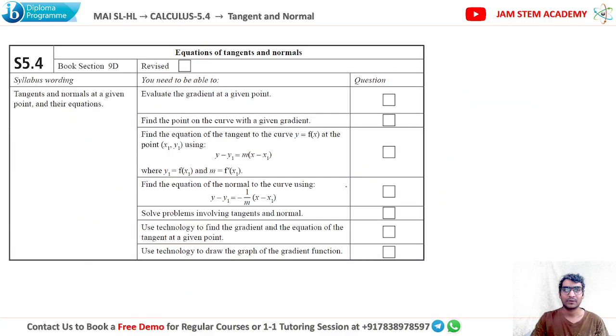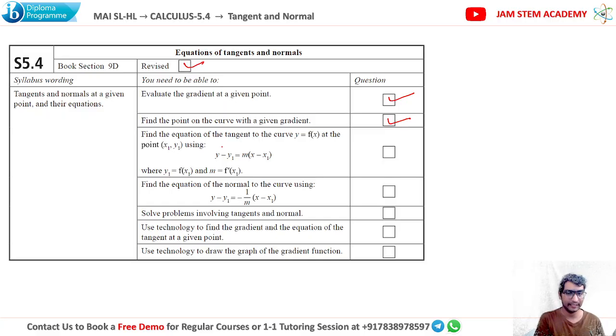So in this session, what we have covered so far: first we saw how to evaluate the gradient at a given point. Yes, you can also use your calculator for that, GDC. Find the point on the curve with the gradient given. Yes, the last problem was on the same thing. Equation of both tangent line as well as normal line. So we need only the point and the slope.